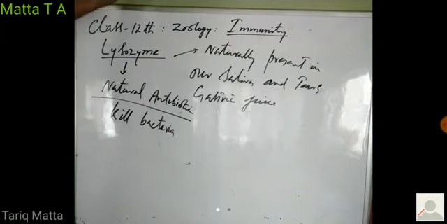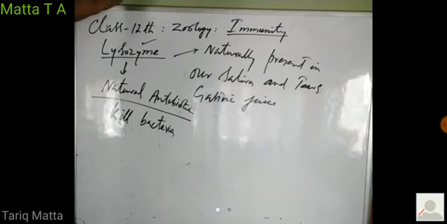You know, our eyes are directly in contact with the environment, so there is every apprehension that bacteria may enter our eyeballs. Our mouth remains open while talking. There is apprehension that bacteria may enter our mouth or nose because they are in direct contact with the environment, right? So these organs of the body, which are in direct contact with the surrounding environment, are naturally protected by the presence of lysozyme in tears and in saliva.